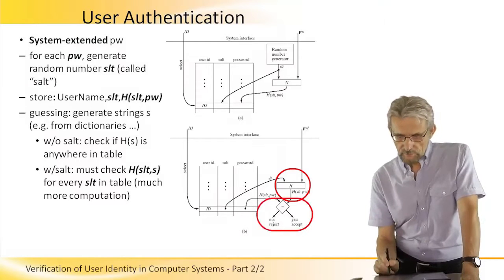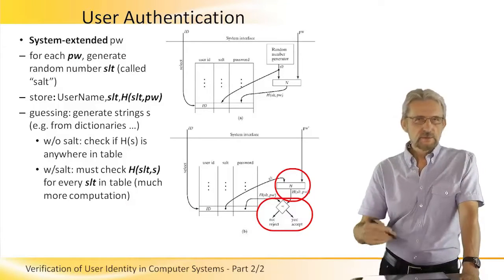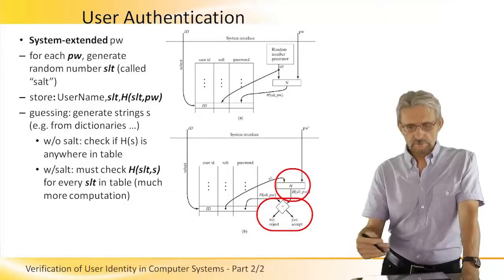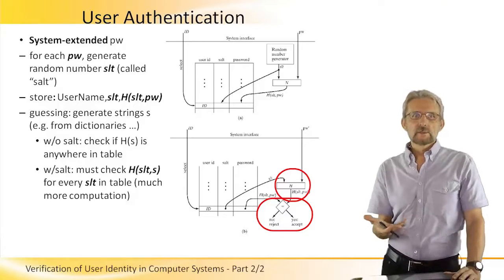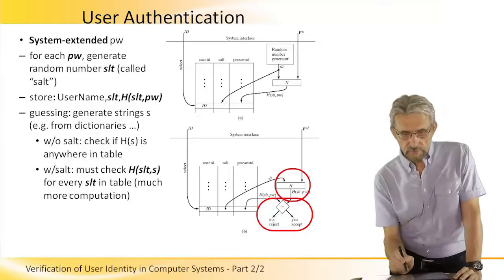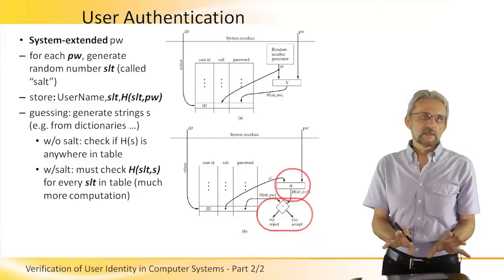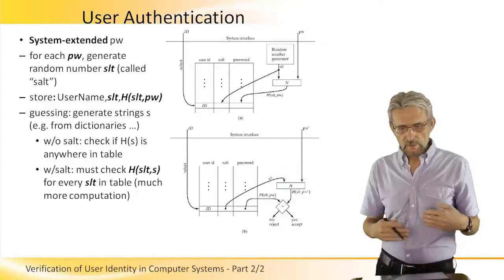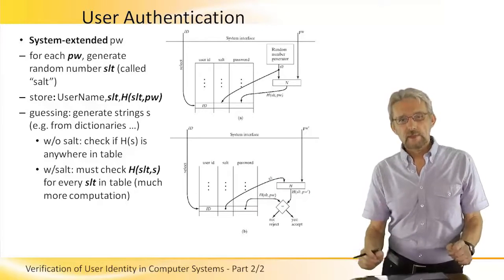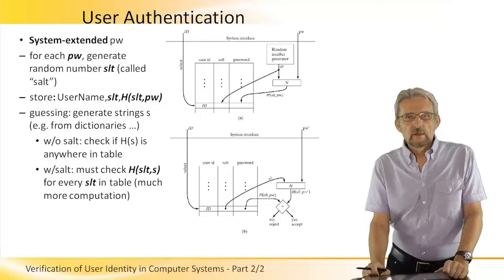The computation can be done only for one line because it would not work for anything else. So it's an order of magnitude larger computation effort. And as long as the h function is complicated and takes a long time to do, you would slow down or inhibit the process of password guessing.